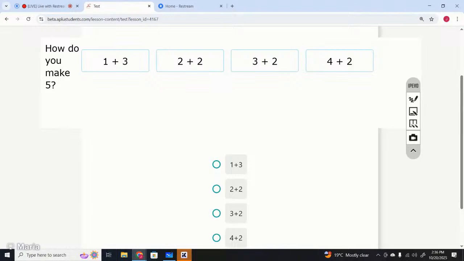How do you make 5? That is 3 plus 2 makes 5. Option number 3 is the correct option.